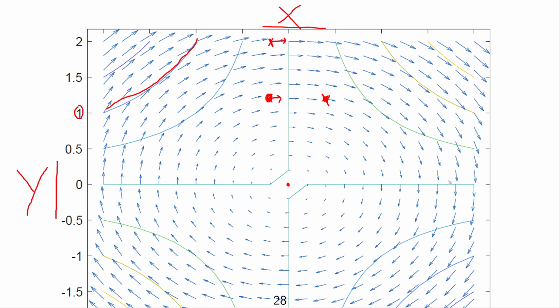Okay, so when we start the game with some initialization, let's say we start here, and we follow, maybe using alternating update steps, then we would expect to go in circles. We would not really reach the equilibrium that is here, but we would circle around it. So we would say that the players run around the equilibrium in an orbit.